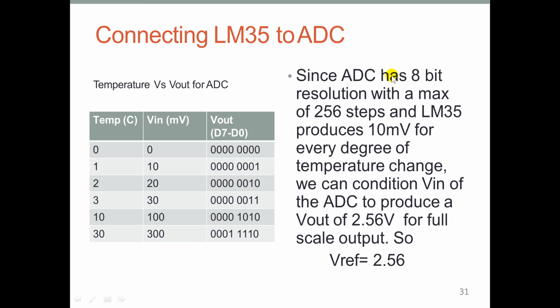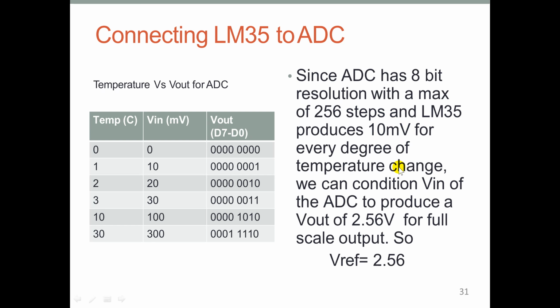Since we learned about this ADC in the last class, what we are using for interfacing with the 8051 is an 8-bit ADC. It has a resolution with a maximum of 256 steps, and the LM35 produces 10 millivolts for every degree of temperature change.